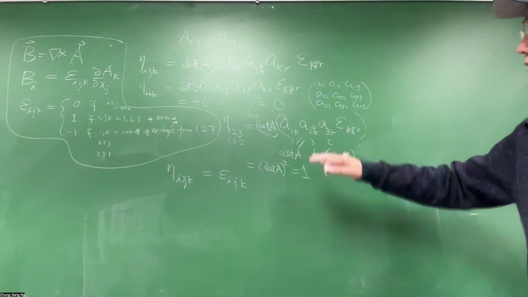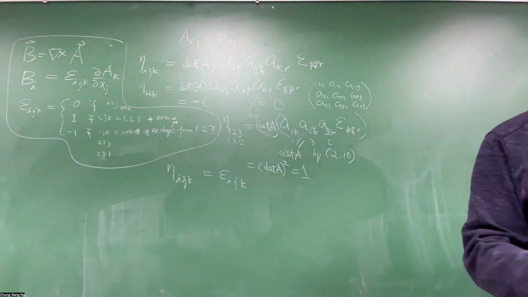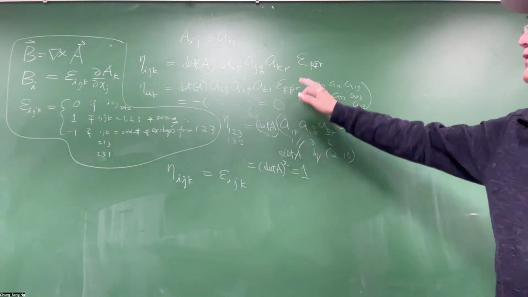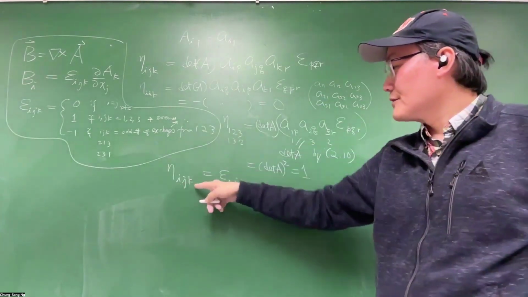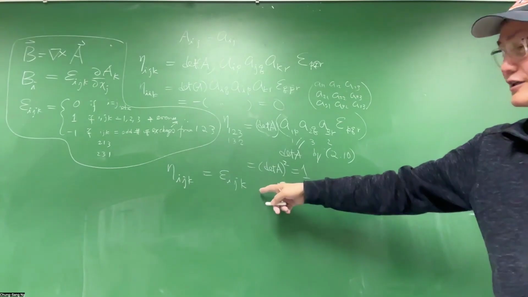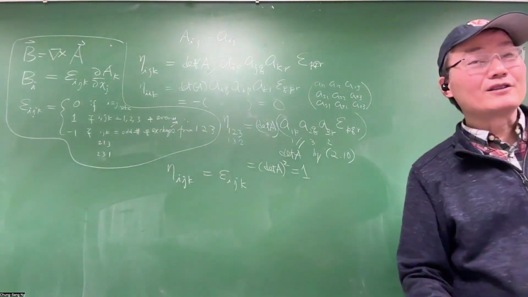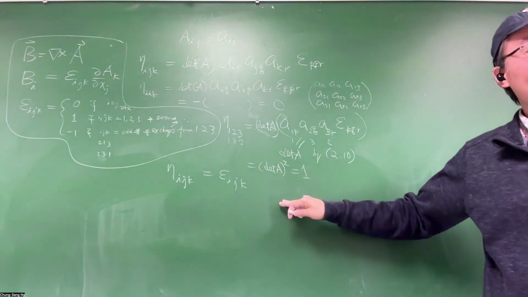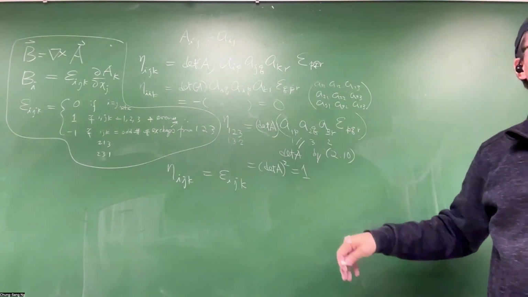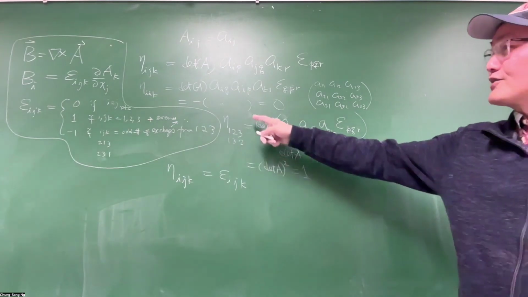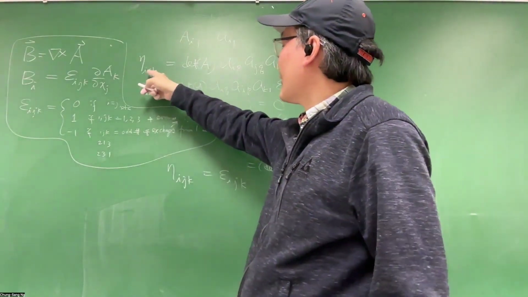Okay. Yeah, it takes a little bit of thinking to go from this rule to say that this equation implies this eta ijk is epsilon. Is it okay? Are you confused about this? Can you follow all this? This is how we define it.